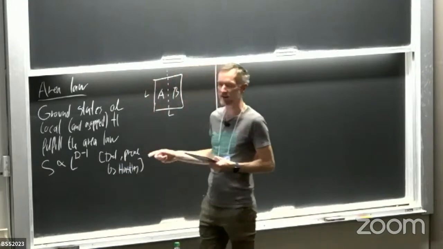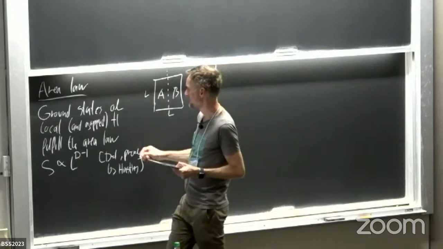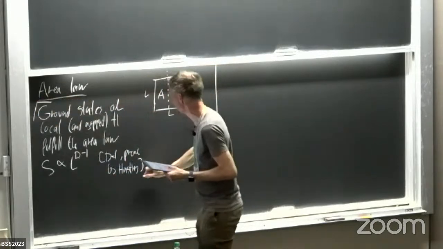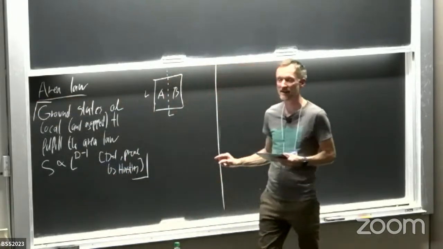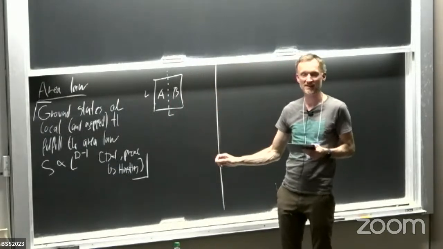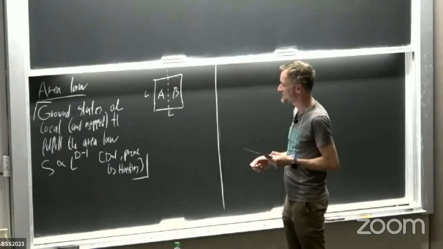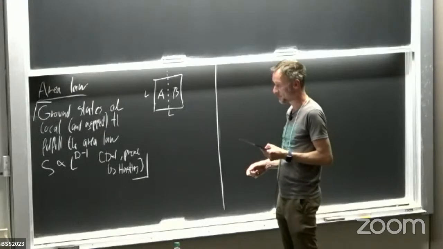And that proof is based on the Lieb-Schultz-Mattis theorem applied to imaginary time evolution. But I'm not going to discuss this in detail, because the reason I'm going through this exercise is to motivate the strategy that we use for compressing quantum states.